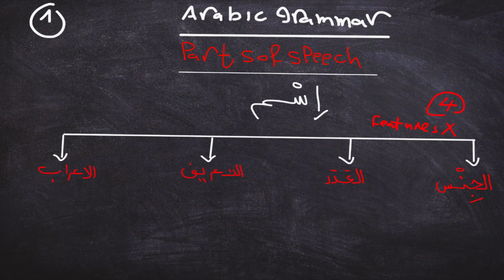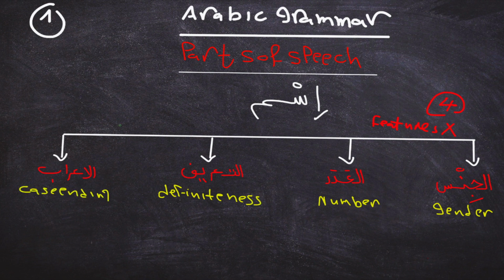As you can see, الجنس is the gender, العدد is the number, التعريف is definiteness, whether this word is definite or indefinite, and the last thing is case ending, الإعراب, which we're going to be dealing with in the upcoming episodes.